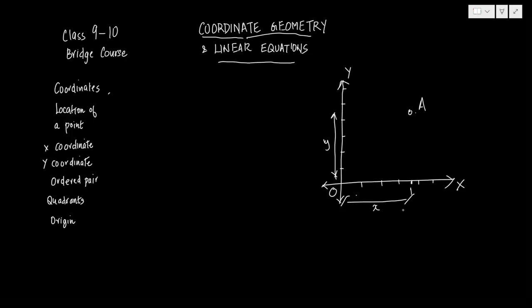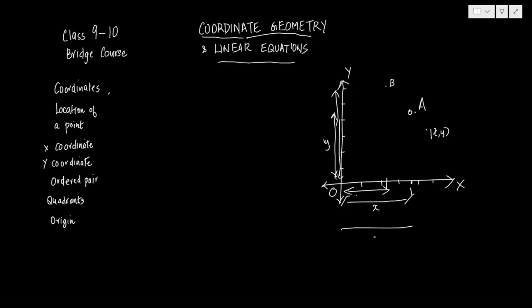And with the help of x and y, we can locate any point in this particular plane. For example, point B is nothing but an x value of so and so and a y value of so and so. Similarly, every point in the coordinate system can be identified using a pair of values. We call them the x value and the y value.